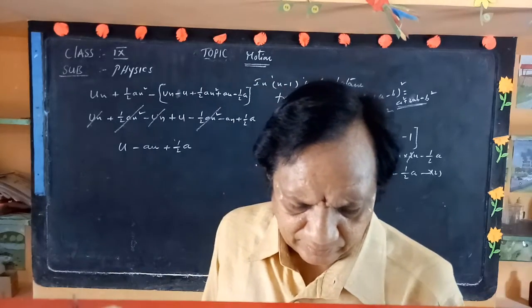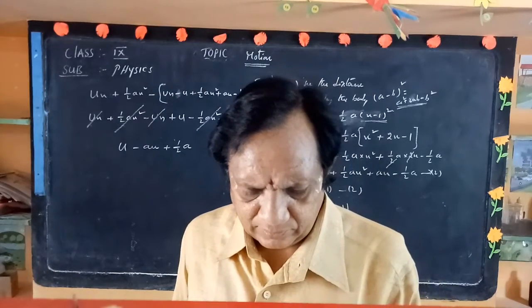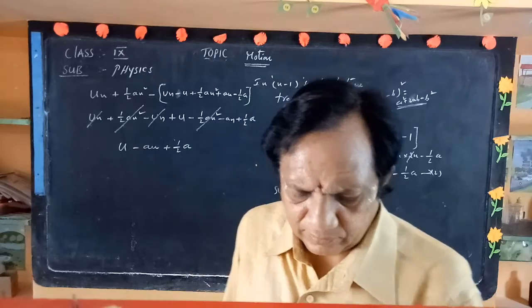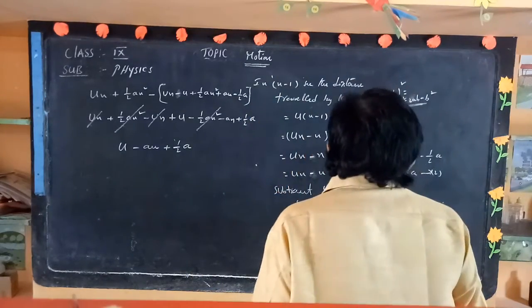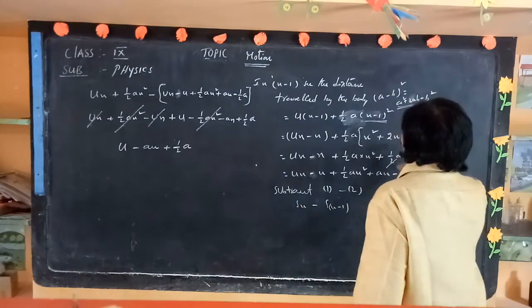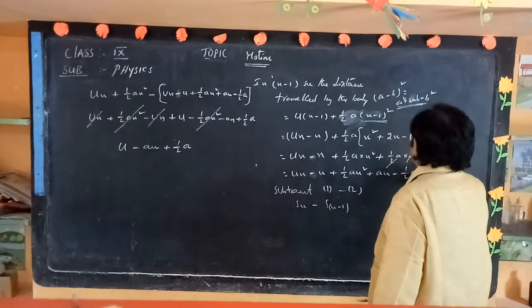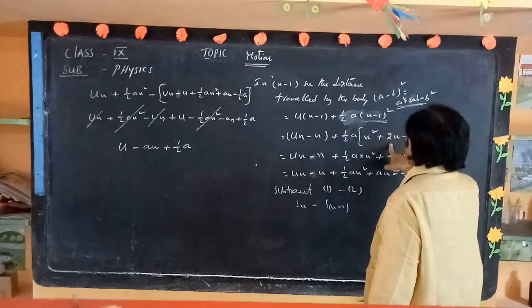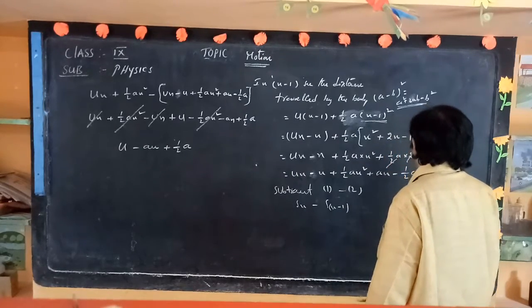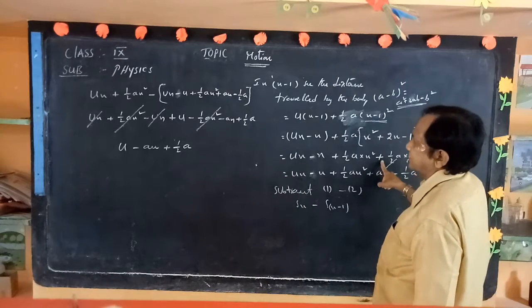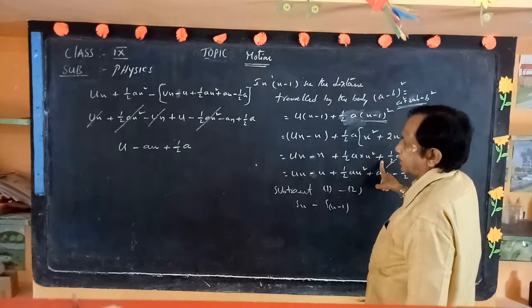Now in that, let's see, minus 1 by 2 a square plus b square minus 2ab. So minus uT we get u minus aT.